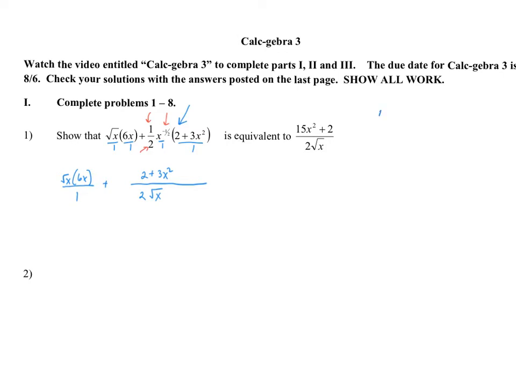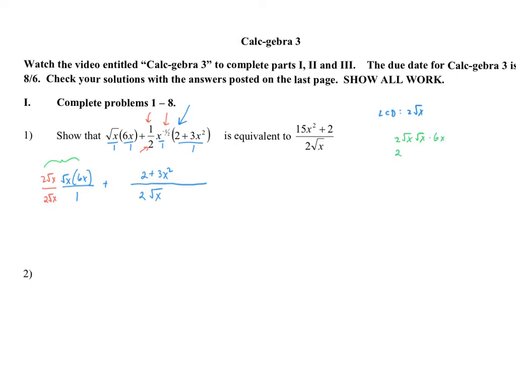Okay, so now we're talking about an addition problem. To add these fractions, we need the least common denominator, which is 2 root x. So we're going to multiply the numerator and the denominator by 2 root x. Right here, we have a multiplication problem. It literally says 2 times root x times 6x.